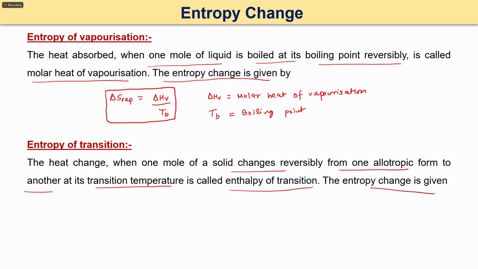The entropy change in that case can be calculated using the formula delta S transition, that is delta S T, is equal to delta H T divided by T, where your delta H T is the molar heat of transition and your T is your transition temperature.